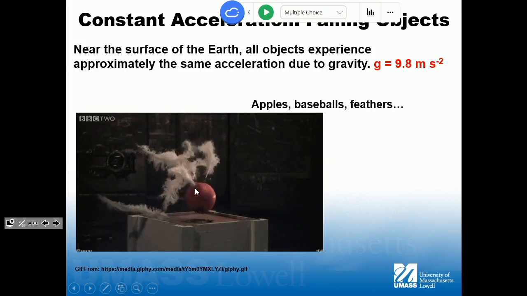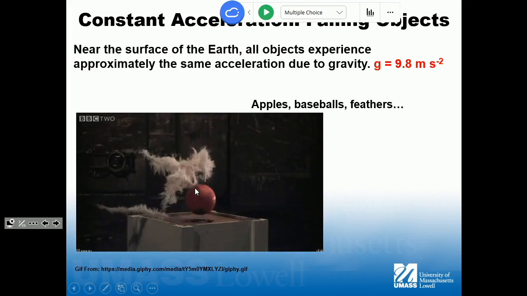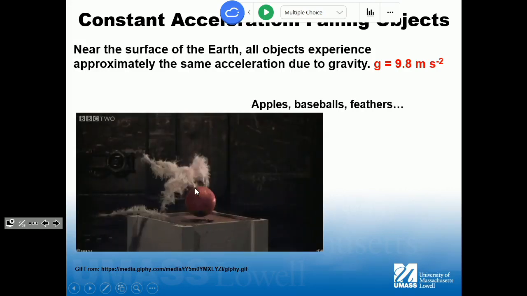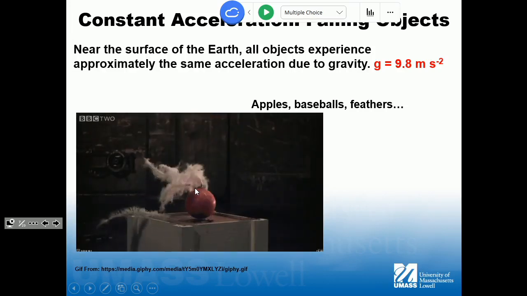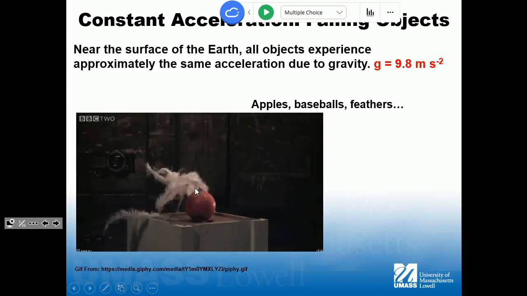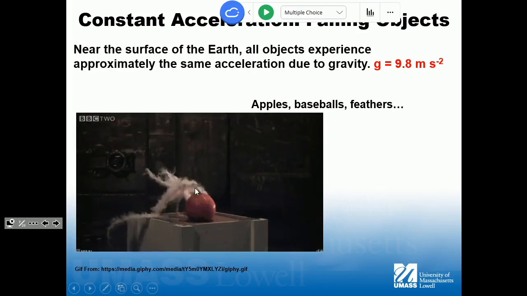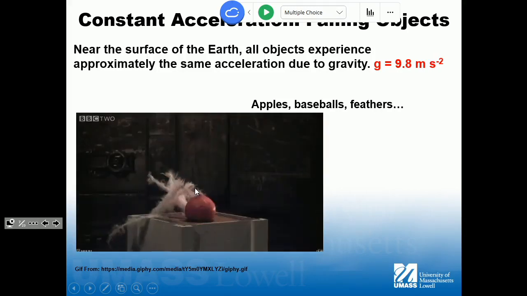Everyone with me? So in the absence of air resistance, and air resistance is something we'll discuss eventually, but all you really need to know is that we've neglected it for the most part. And it's generally an effect that's felt at high speeds. The force of air resistance increases the faster stuff is moving. So like when you're riding a bicycle and you're just riding along nicely and you stick your arm out, you experience a little bit of air.